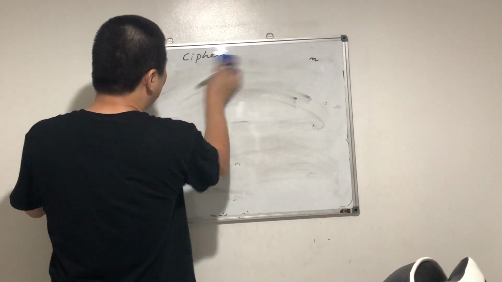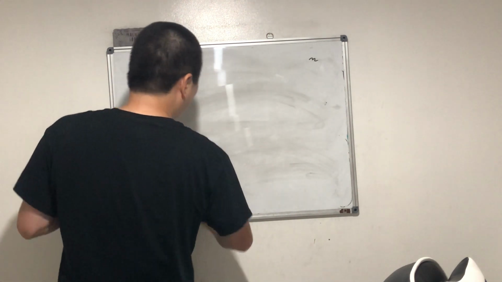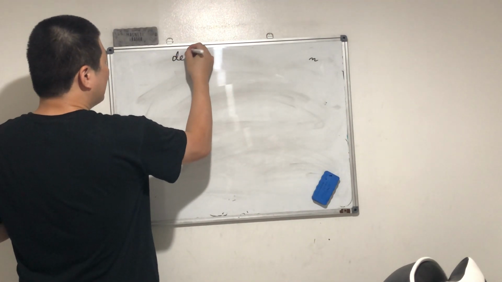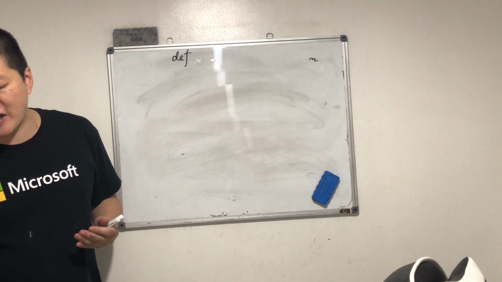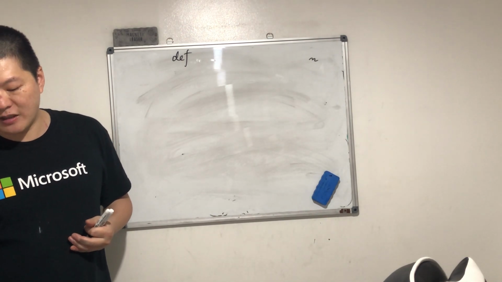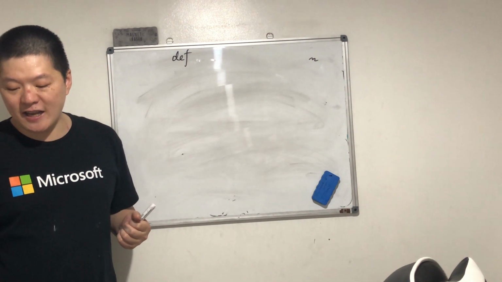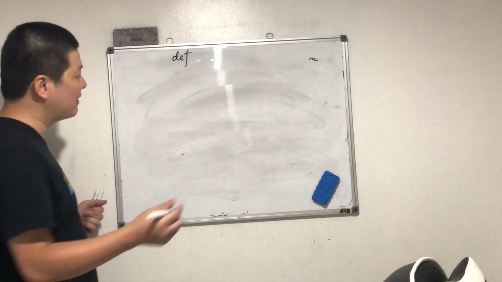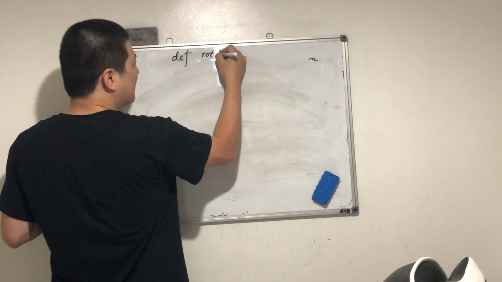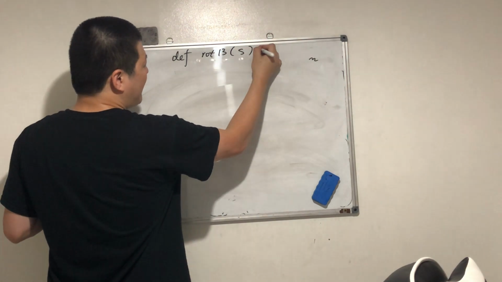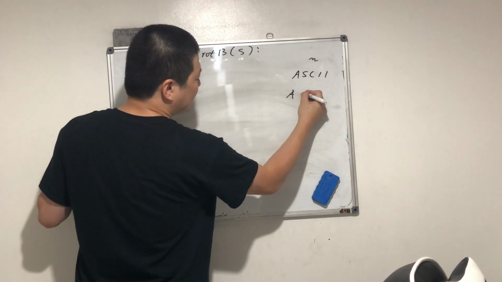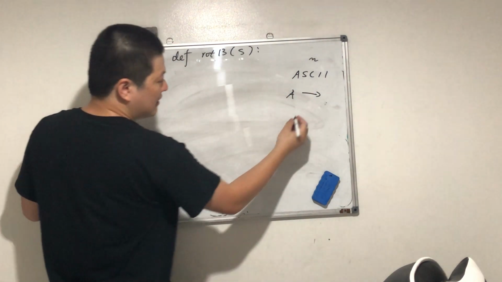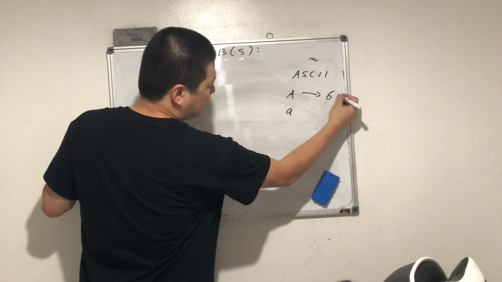It should be very easy. Remember how we do this? We're going to need two functions. Remember, to convert a character into its ASCII code. What's A in ASCII code? 65.